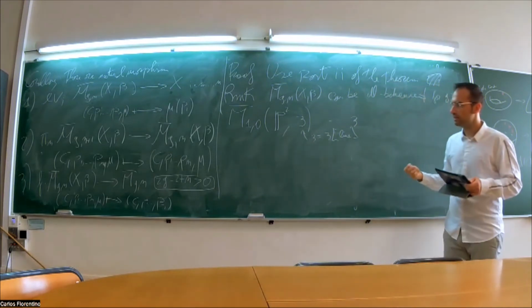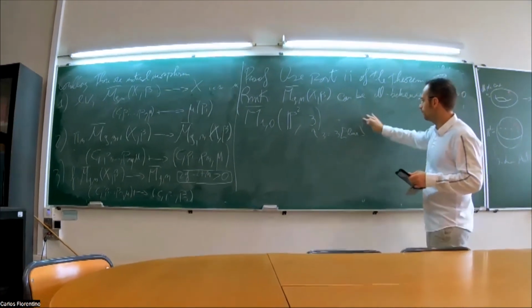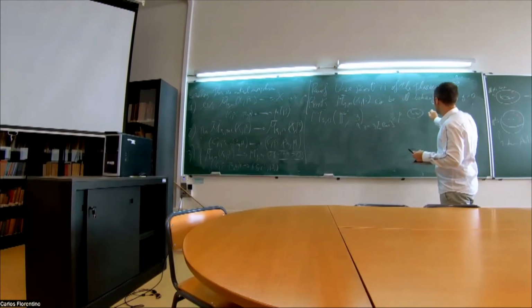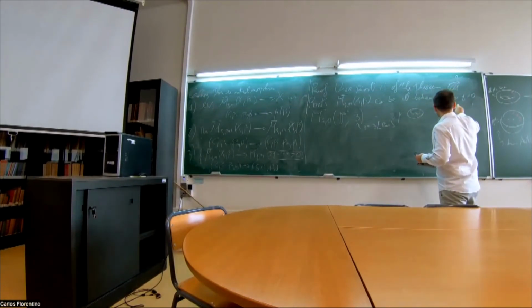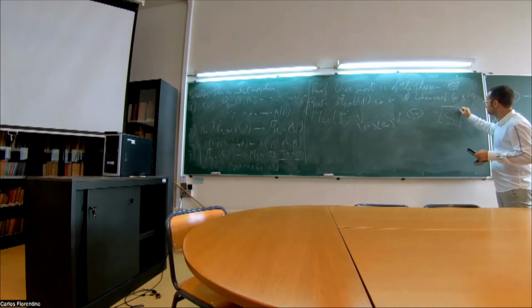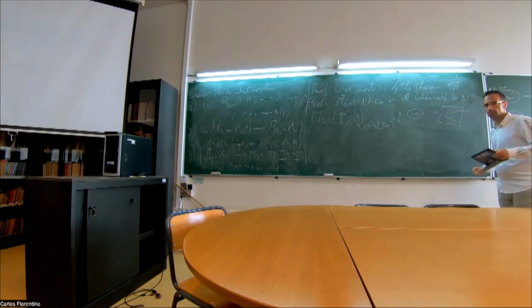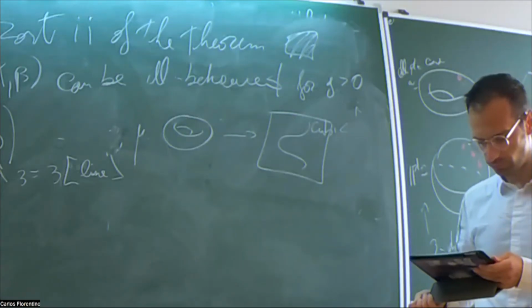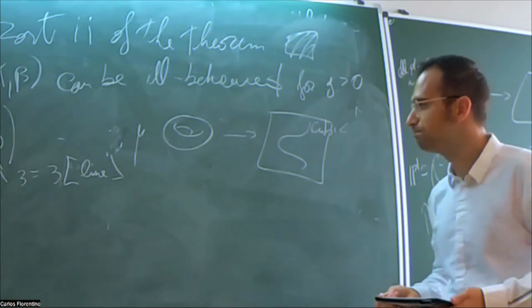This means maps from a curve of genus 1 such that the image is a cubic.